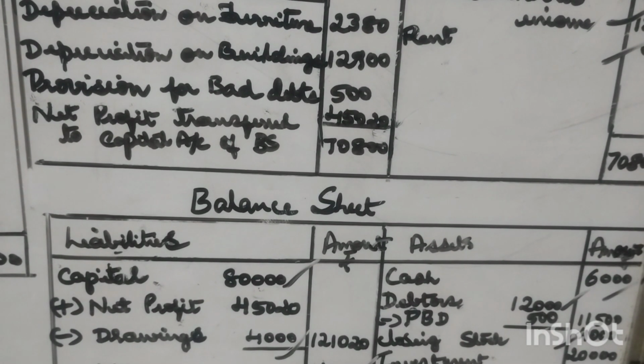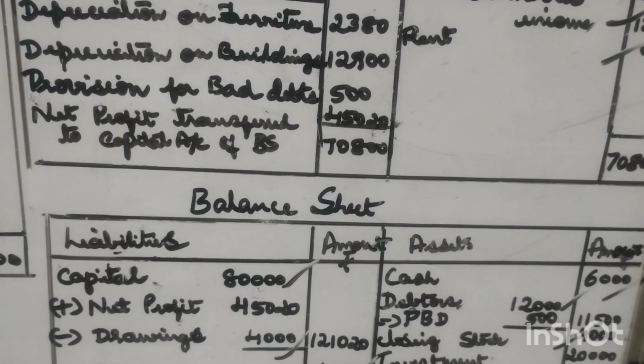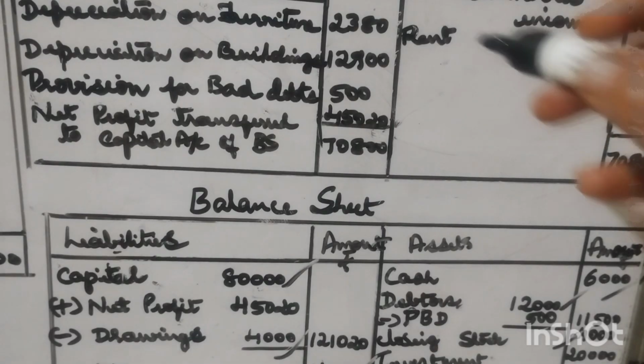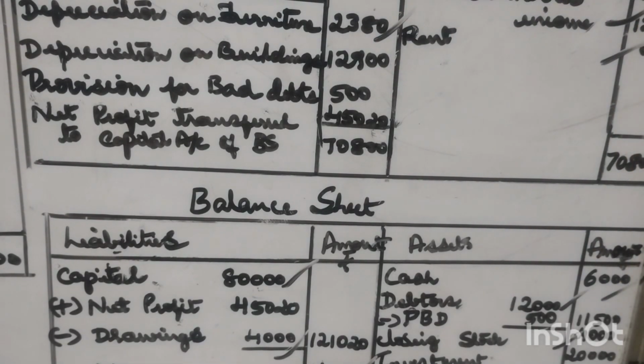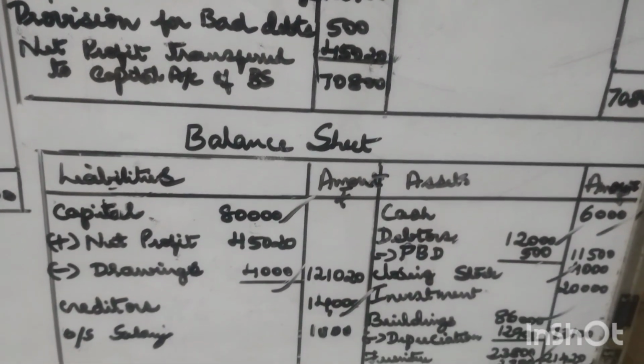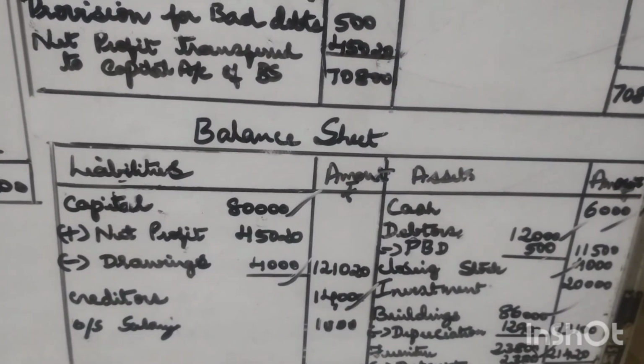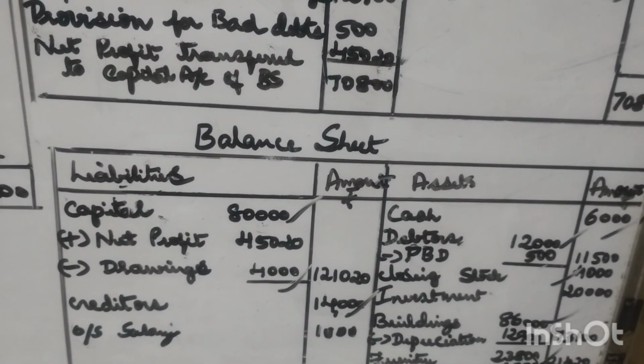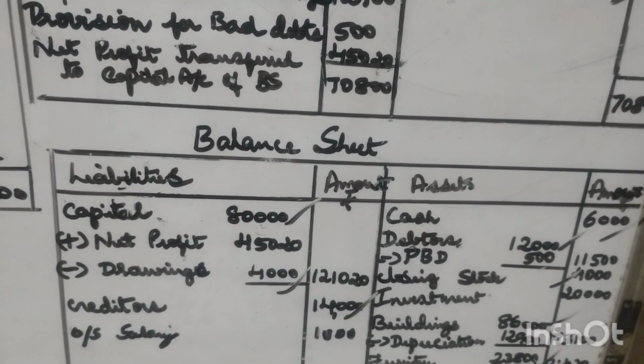Depreciation on furniture: the value of furniture is 23,800 into 10%, that will be 2,380. One more entry, it has to be deducted from the respective fixed asset. So deduct that amount, 2,380.